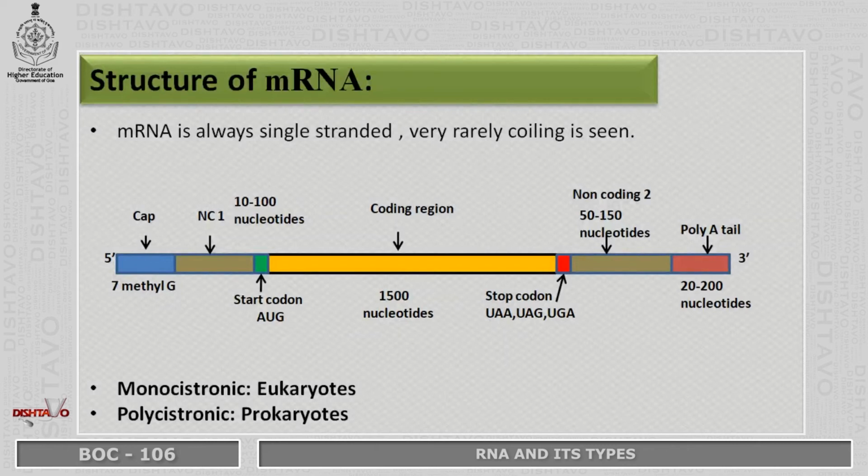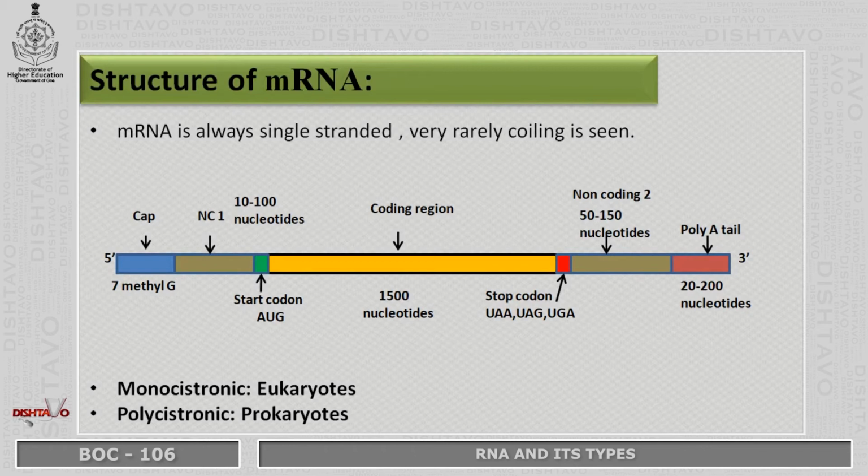On the 5' side, there is non-coding region 1 and non-coding region 2 on the 3' side. Non-coding region 1 is made up of 10 to 100 nucleotides and non-coding region 2 forms 50 to 150 nucleotides. Both the non-coding regions do not code for any proteins.